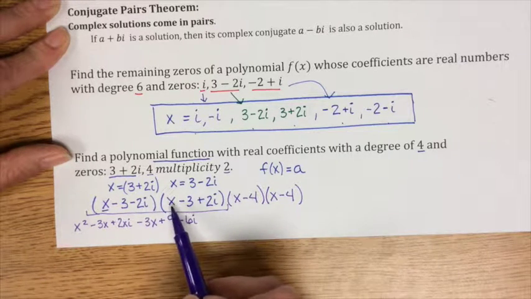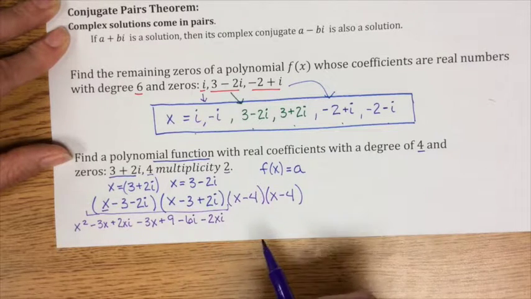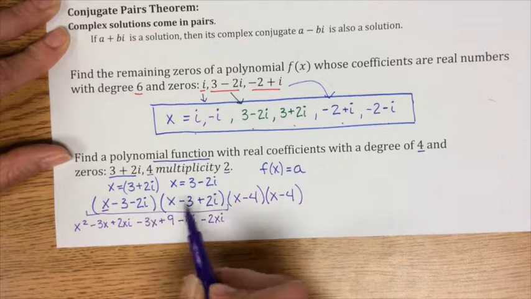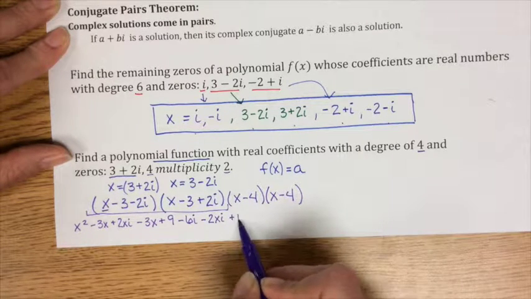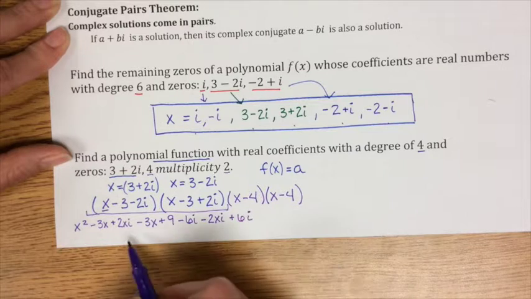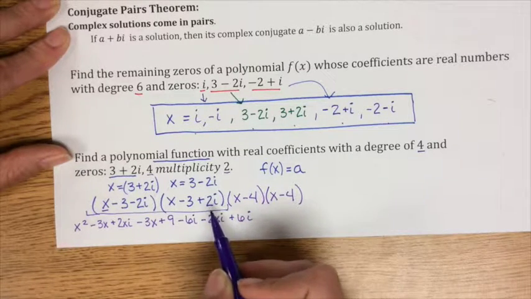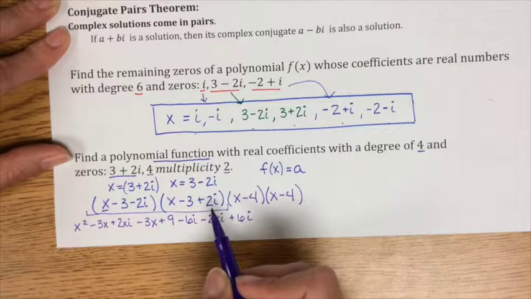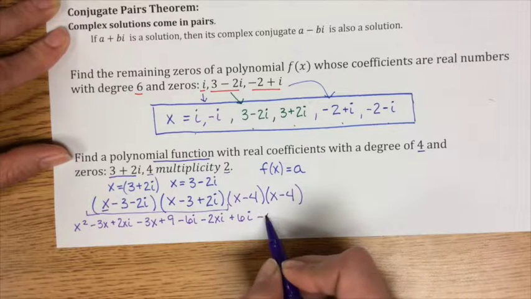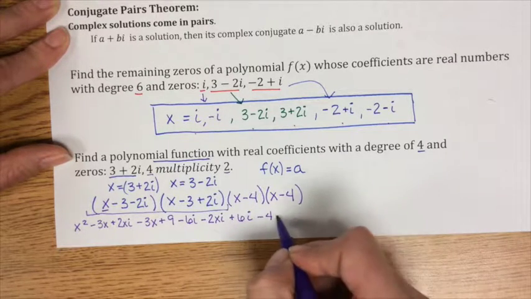Negative 2i times x is negative 2xi. Negative 2i times negative 3 is positive 6i. Negative 2i times positive 2i is negative, so negative 2 times positive 2 is negative 4. i times i is i squared.